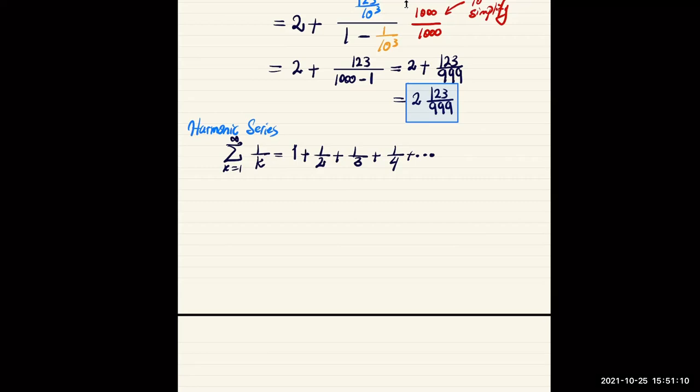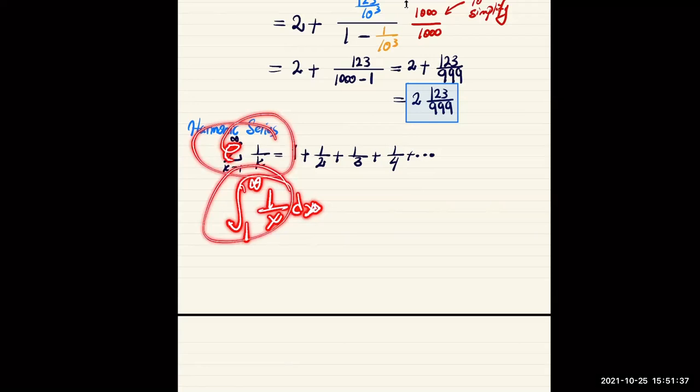All right. So when we talked about the integral, remember the improper integral from 1 to infinity of 1/x dx. This thing diverged. And again, a series is a discrete form of an improper integral.